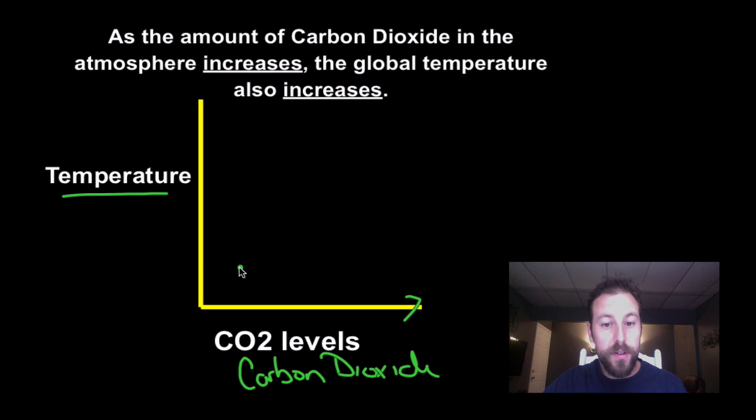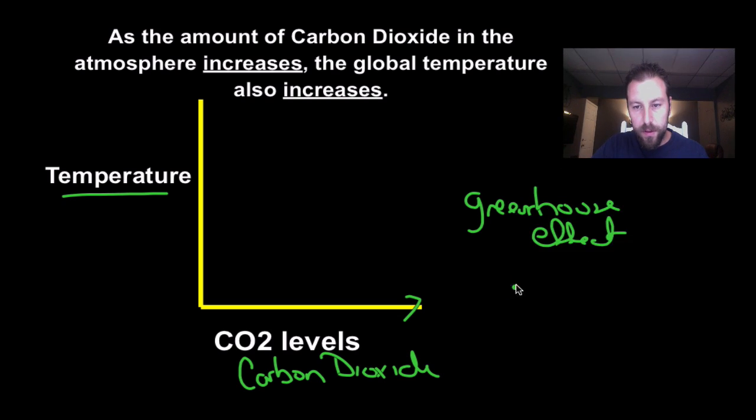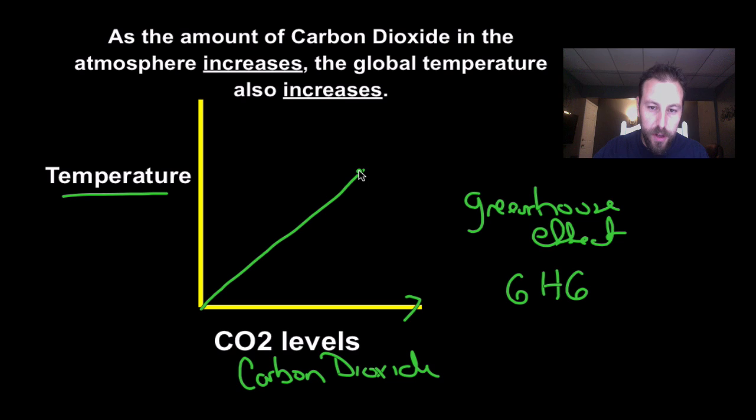Well, this is called the greenhouse effect, also known as GHG. So as the CO2 goes up from the production through cars or burning of fossil fuels, our temperature also increases. Remember, these are just examples of direct relationships, but you can see here that constant slope going upwards.